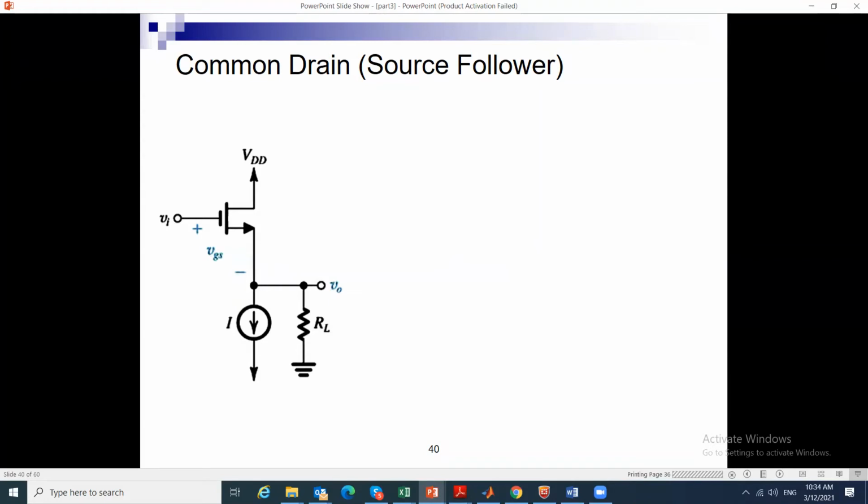The main definition is that I have my transistor, the input is at the gate, the output is at the source, and the drain node is at DC, so it is really signal ground, and that's why we call it common drain. We also call it source follower, because the output becomes equal to the input and the gain is 1. So I'm really just buffering the input signal.